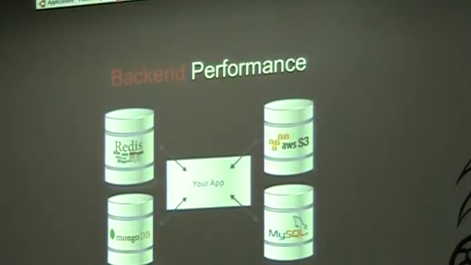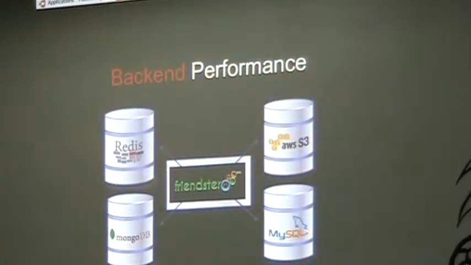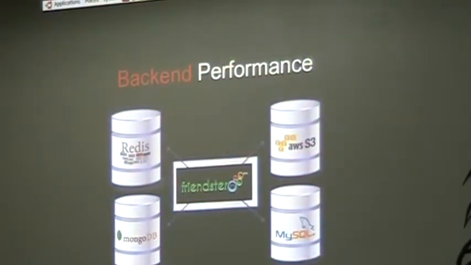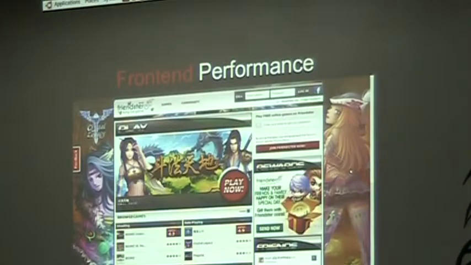When we talk about backend performance, it's all about how our application, Friendster, and our Ruby code interact with our data stores: Redis, Mongo, MySQL, and how we connect to S3. Here in Friendster, we use several data stores. And front-end performance is everything that's rendered onto the browser.